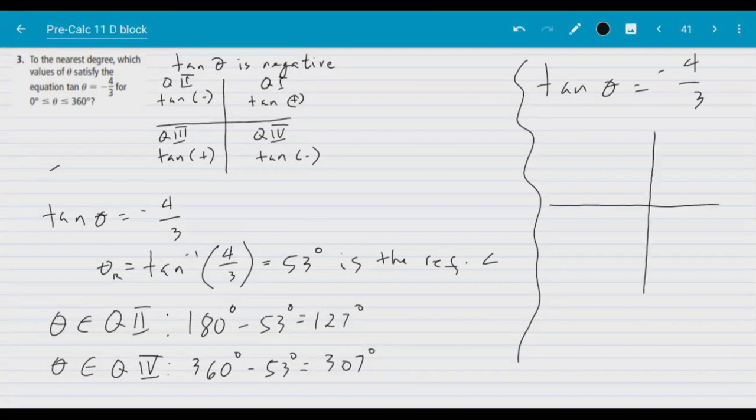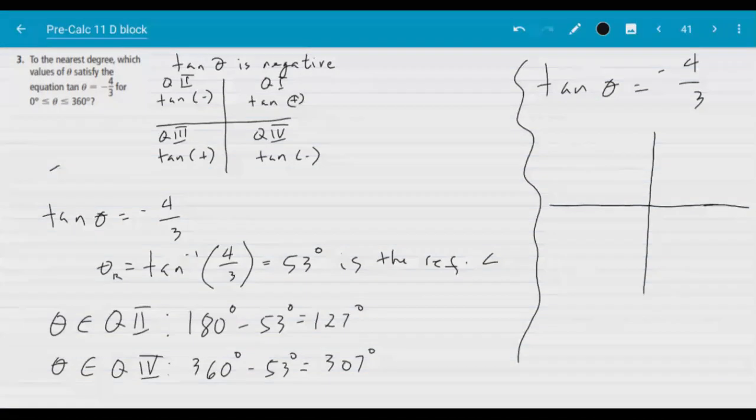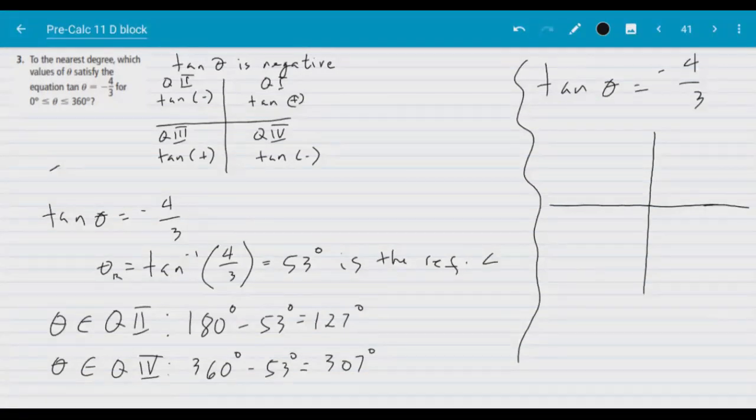Tangent is opposite over adjacent, right? So maybe 1, 2, 3, 1, 2, 3, 4. Maybe I will do this. Okay, something like that.